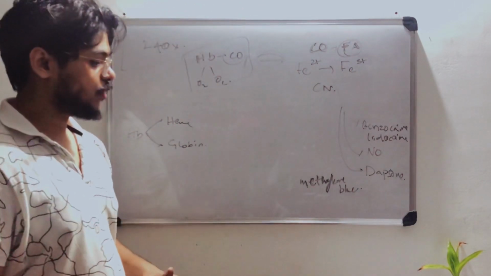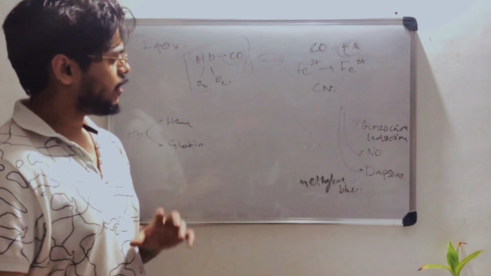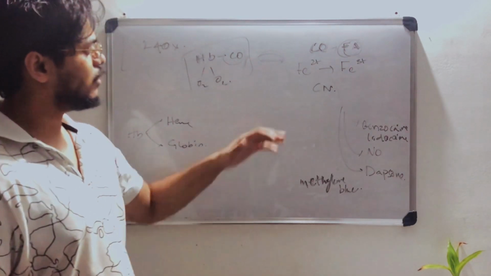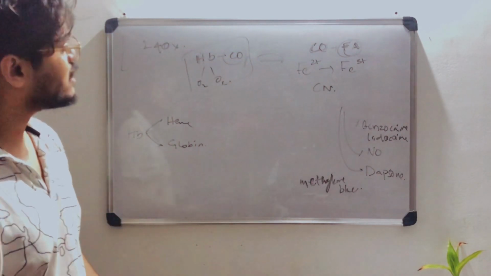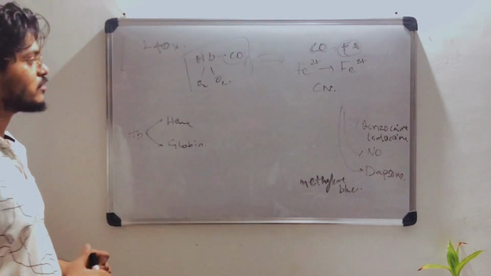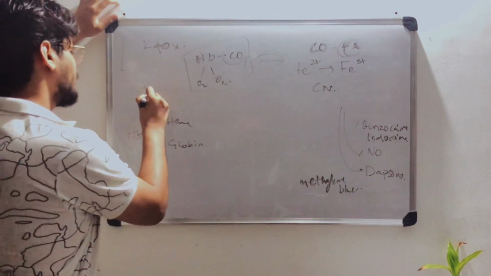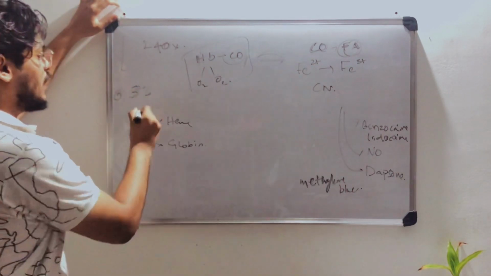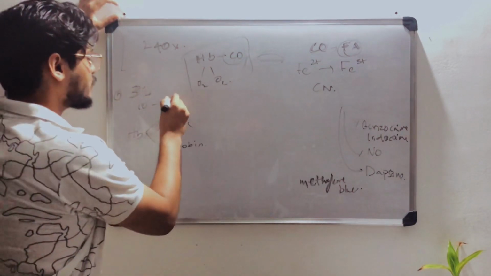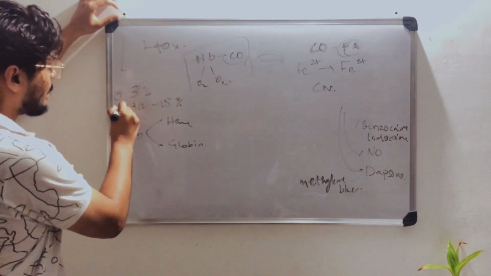Now we are going to deal with cyanide poisoning. Then one more thing that I forgot to mention in carbon monoxide is the percentage of carbon monoxide which is poisonous. Actually, normally there will be 3%. 3% is found normally, and if it is 10 to 15%, that means this person is smoking.